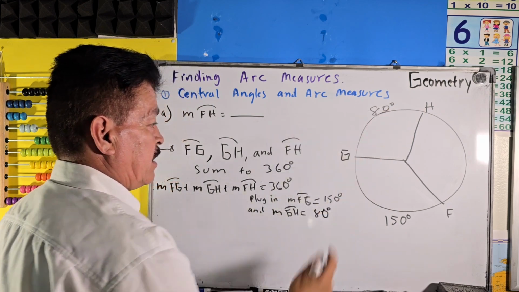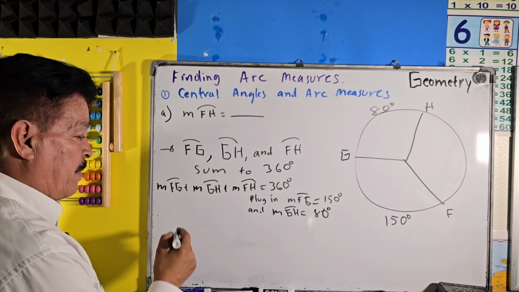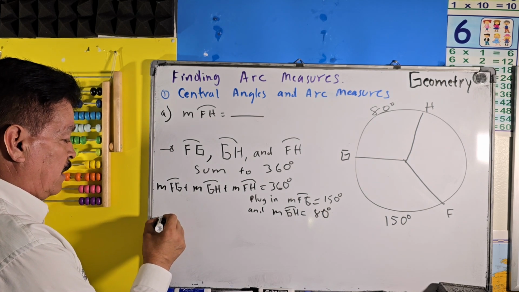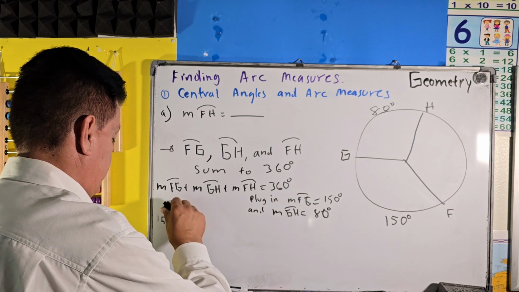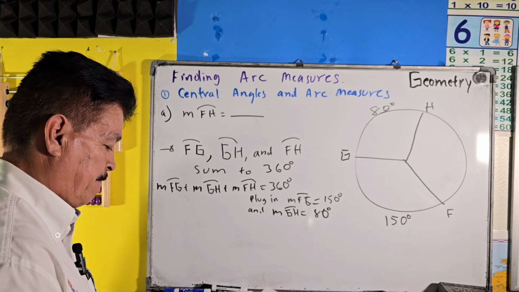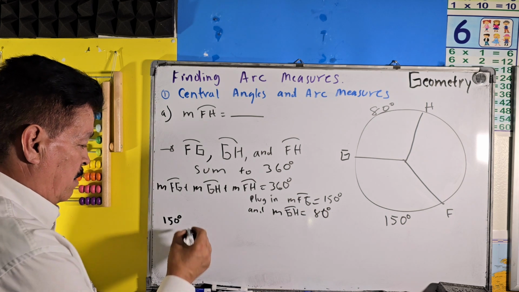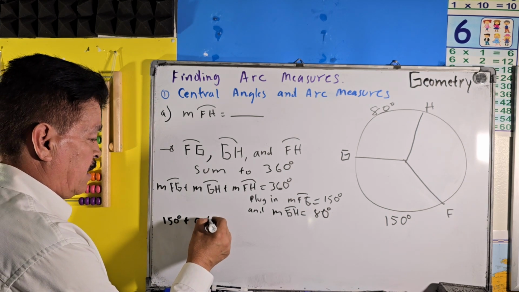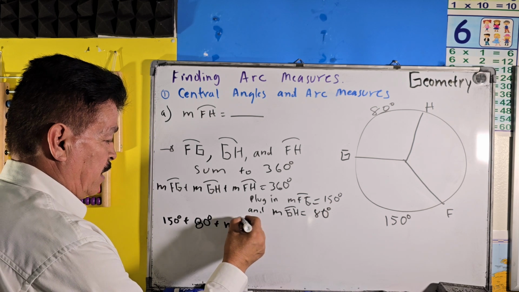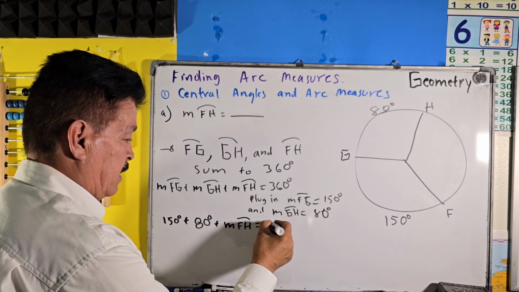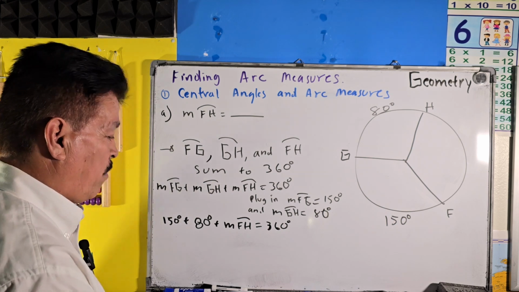So substituting, we have 150 degrees plus 80 degrees plus the measure of FH equals 360 degrees. Now the next step is to combine like terms.